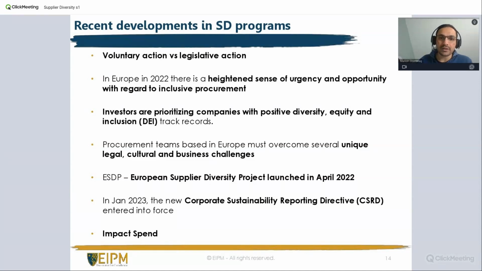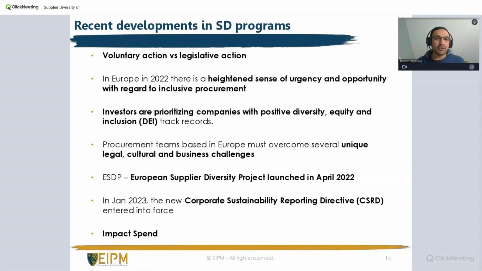For example, in January 2023, just a few months ago, the new Corporate Sustainability Reporting Directive included supplier diversity as a part of its reporting. So this is getting more and more into legislation, like decarbonization. Initially it was more of a voluntary action from organizations. Now it is imposed. It becomes legislation.